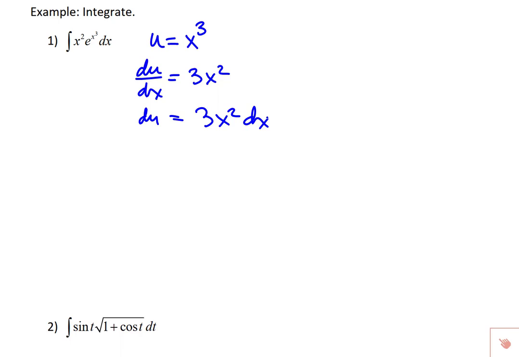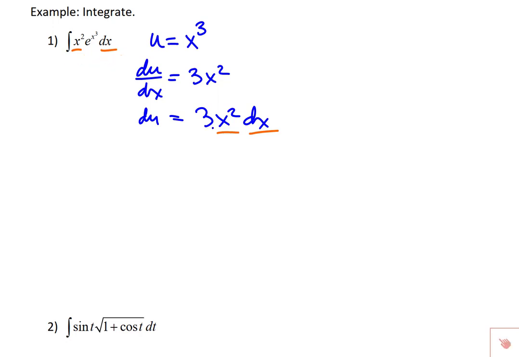Notice that we're trying to replace our original integrand, and we're getting one little piece at a time. Notice there's an x squared and a dx in our du equation now, and that could replace the x squared and dx that is in the original. But notice that we're off by this constant of 3. There's no 3 showing up in this original integrand.